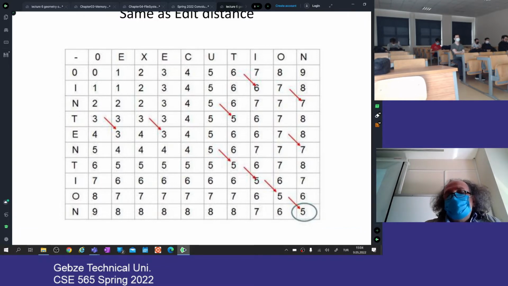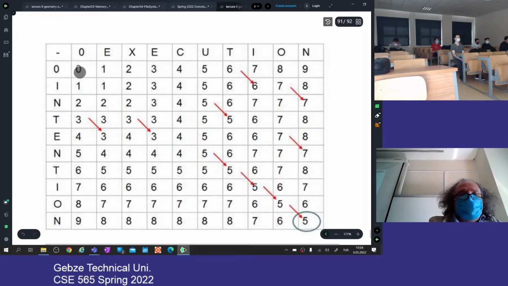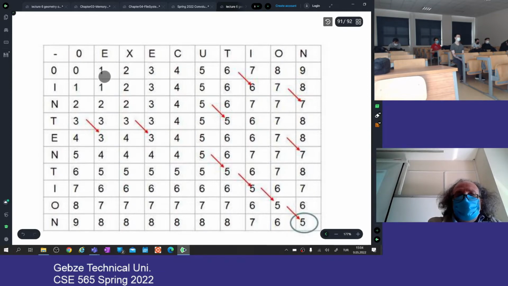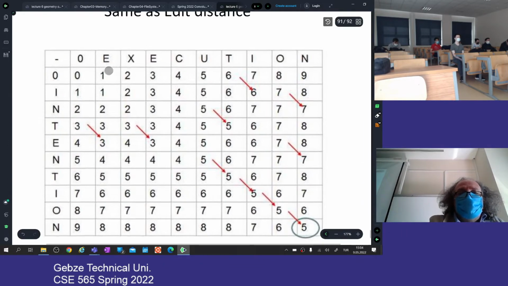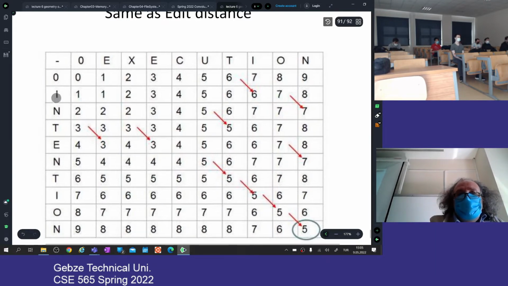Okay, so they say that you can solve this problem by dynamic programming. How? This is what you are going to do. The cost of changing nothing to nothing is 0. The cost of changing nothing to E is 1, because we are just adding an E. The cost of changing I to nothing is just 1, because you are just deleting I, and the cost of changing I to E is just 1, just replacing.